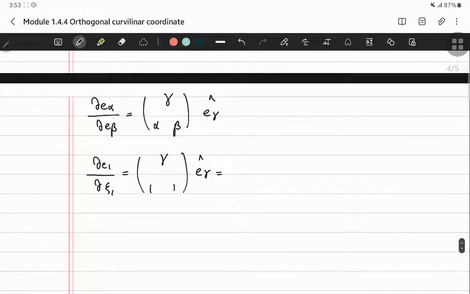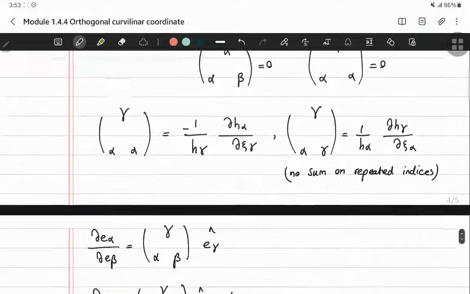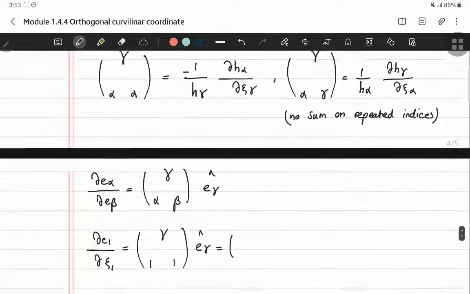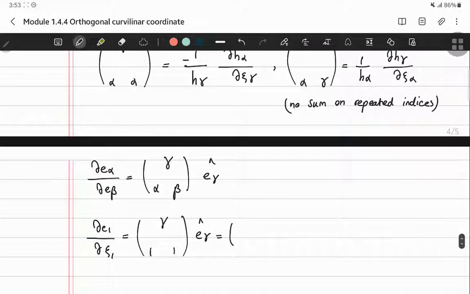Therefore, we will have minus, so we have gamma 1 1. So we come here, gamma alpha alpha. So we have minus 1 divided by h gamma, partial derivative of h alpha with respect to z gamma.